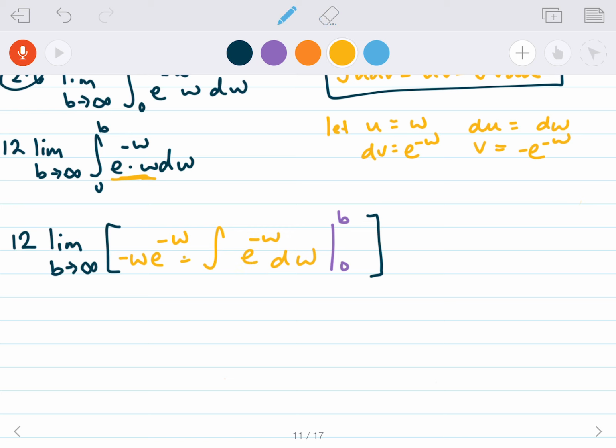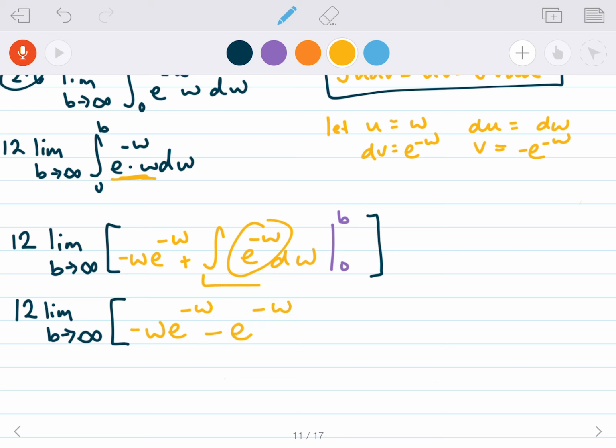We've already found the antiderivative here many times in several problems we've done. It's going to be negative e to the negative w. So let's write that down. I'm just replacing this with negative e to the negative w.